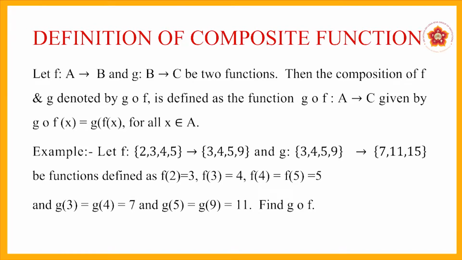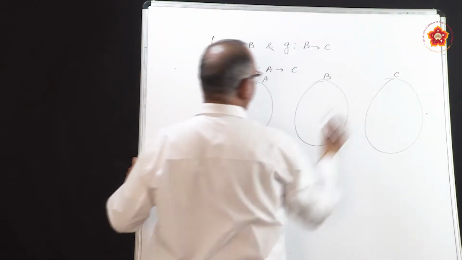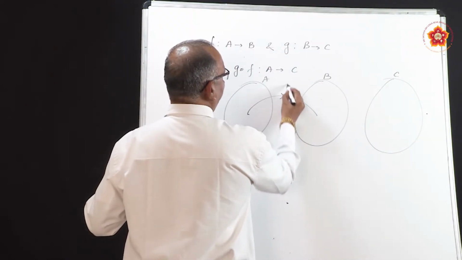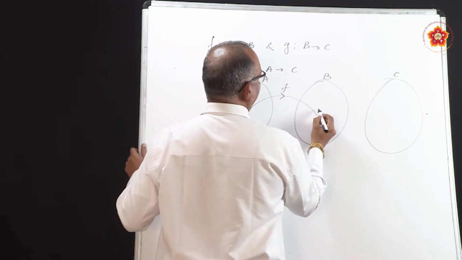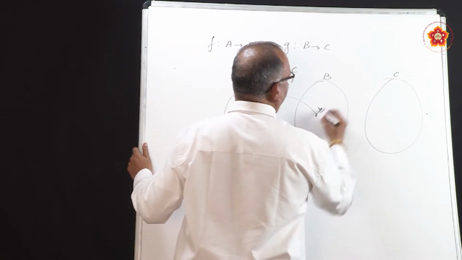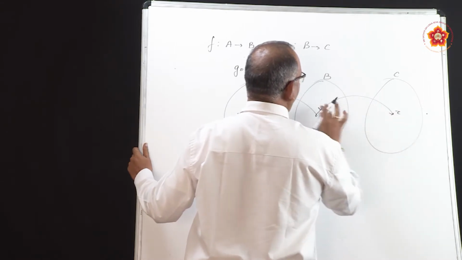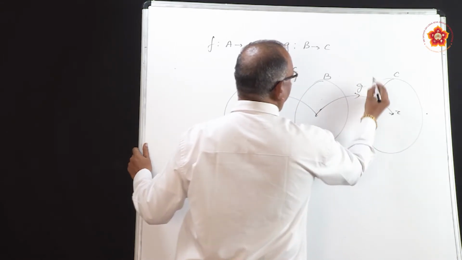Suppose this is one set, this is the second set, this is the third set. Let us say this is A, this is B, this is C. Here we have a function f. Here we have x, let us say this is y, and from here to here, let us say this is z, and let us say this is g.